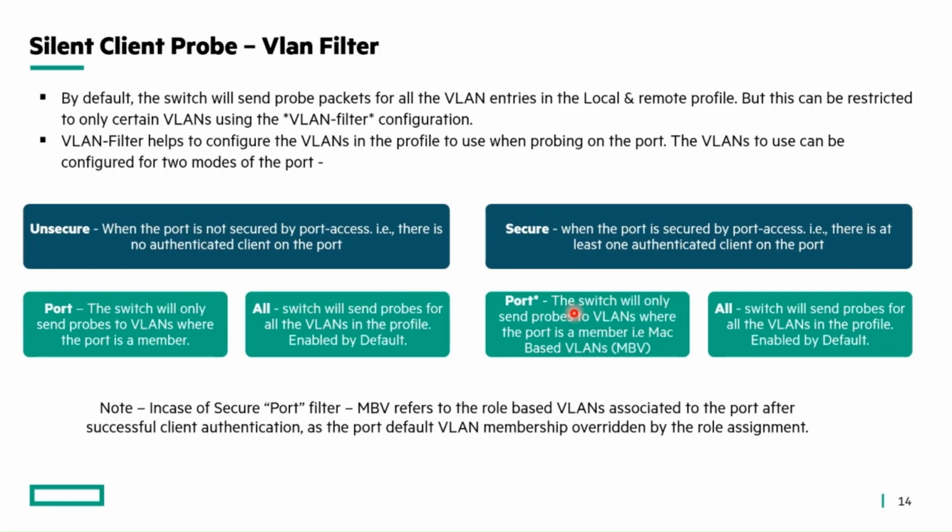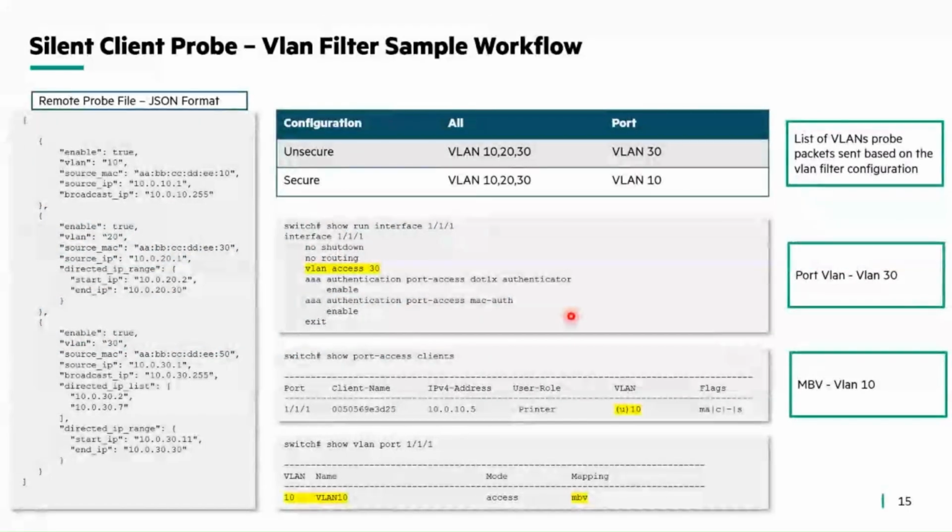Only in the VLAN where the client has been onboarded are the probe packets sent. Thereby it helps us retain the clients, even though the client has already been onboarded, because due to any inactivity timeout, the client can be deauthenticated. For that reason, we can use this port option. So let's see an example of this VLAN filter option.